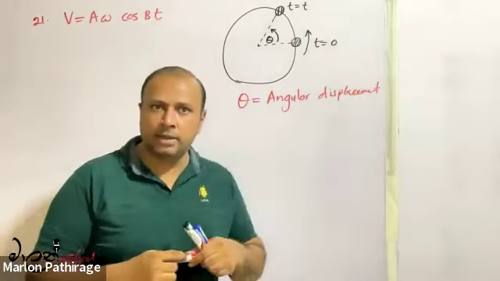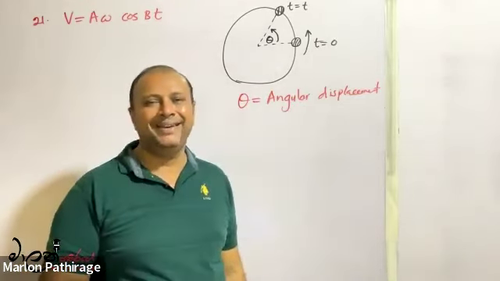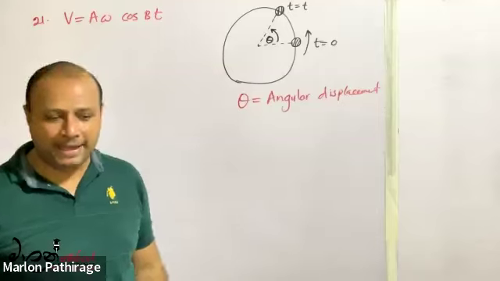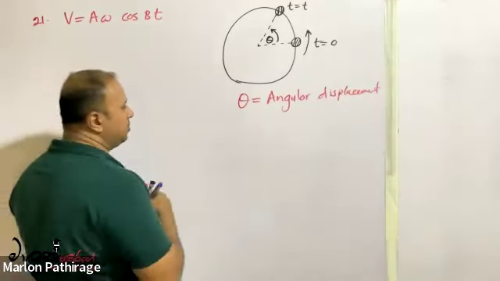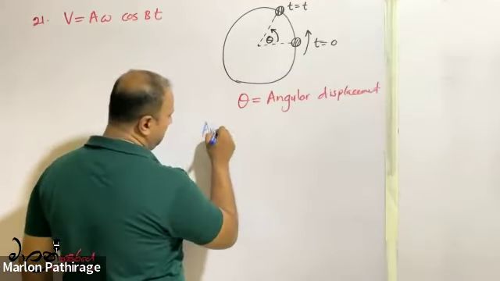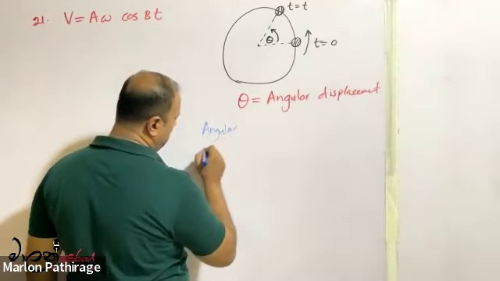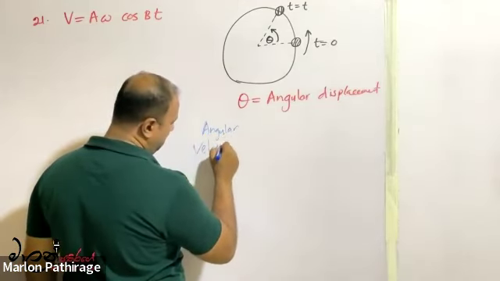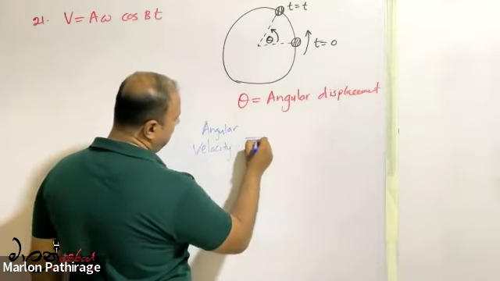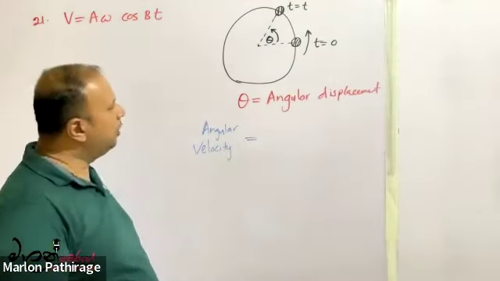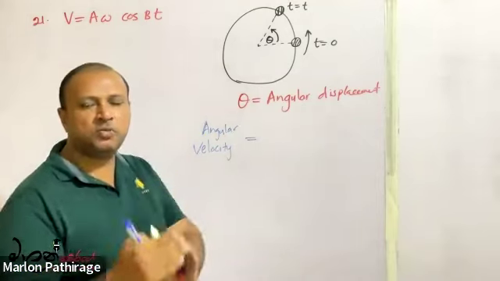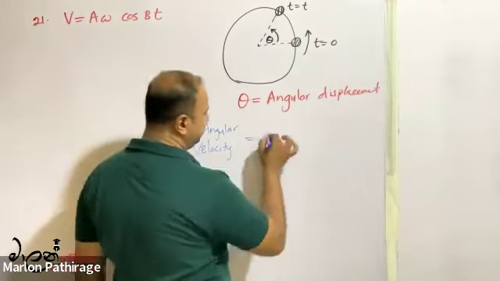Angular velocity means angular displacement over time taken. Angular velocity is equal to angular displacement over time taken.